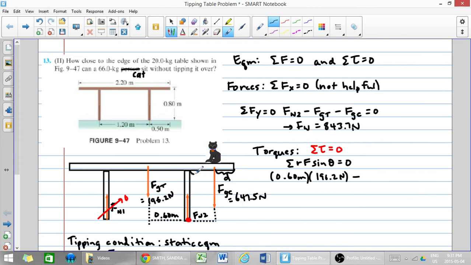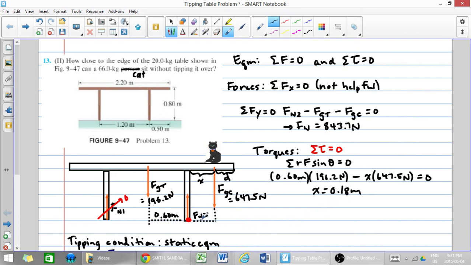So I think we will first solve for this distance x, and then we'll just do a little arithmetic at the end to get d, because then the torque will be that distance x times the force, which on the cat is 647.5 newtons. All right. And then you go put that in your calculator and you'll find out that x is 0.18 meters.